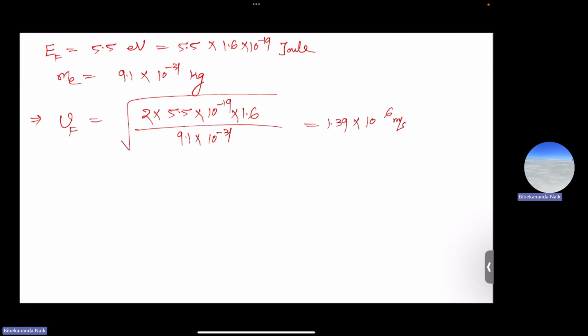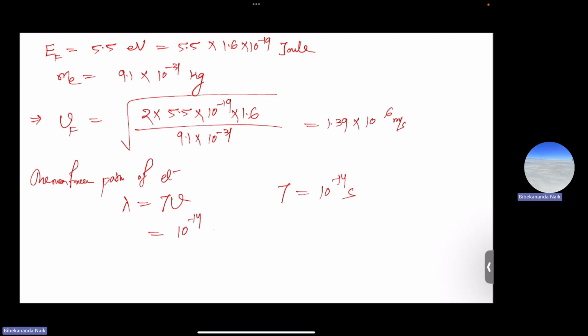Since we have v, the mean free path of electrons, lambda, will be tau into v. Tau is given to us, 10 to the power minus 14 second.